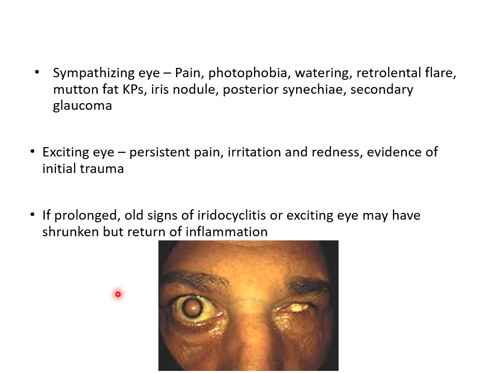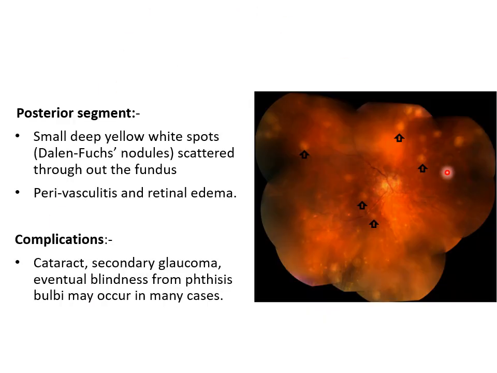Or this may be the exciting eye and simultaneously the left eye has undergone a fulminant course and has ended up in phthisis, right? The posterior segment, this is what the posterior segment shows. There are small yellow-white deep spots. These are known as Dalen-Fuchs nodules and these are scattered throughout the fundus. Remember, Dalen-Fuchs nodules can be seen in sympathetic ophthalmia.